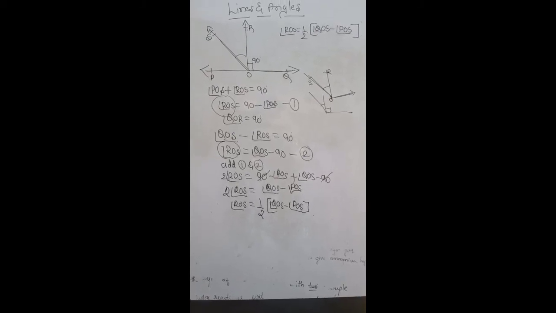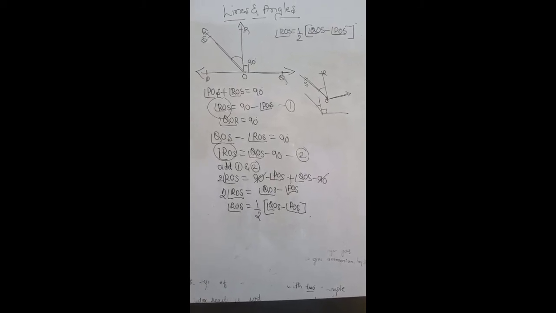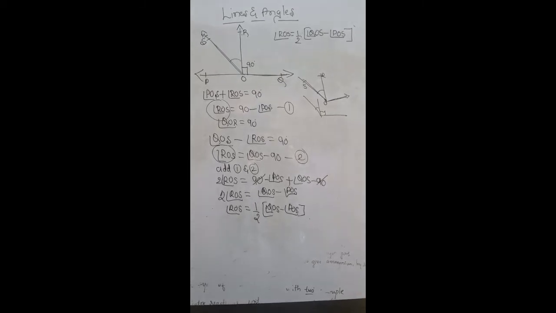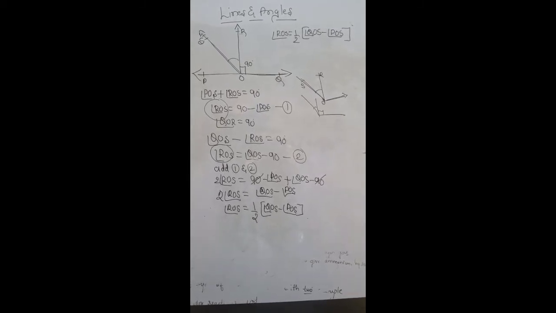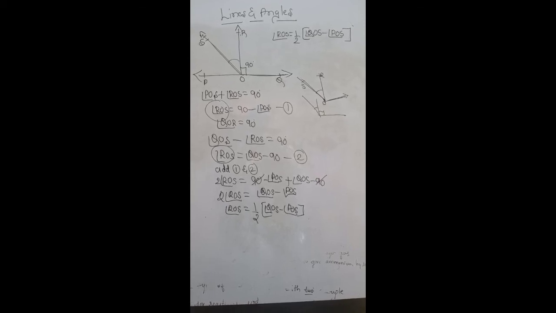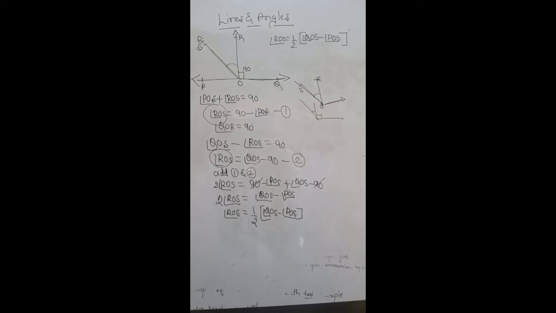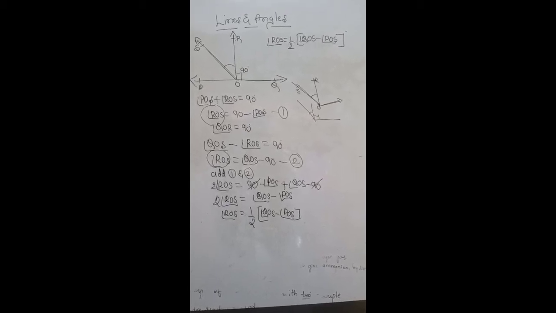This is what we have to prove. First 90 we have to consider. This is POS plus ROS equals 90. Then we have to write this in ROS form. Take this POS to the other side, it becomes 90 minus POS. Next, on the other side, QOR equals 90 degree. I don't want this in QOR form, I want ROS form.